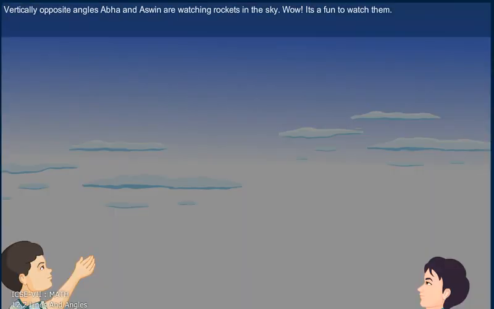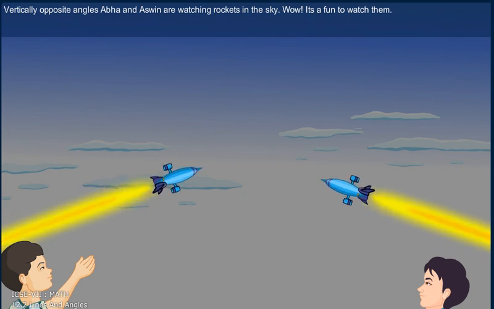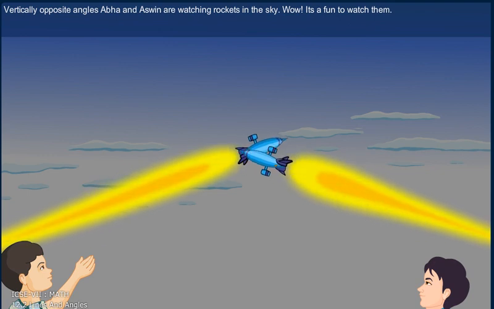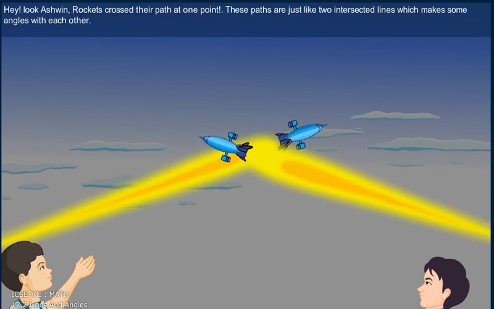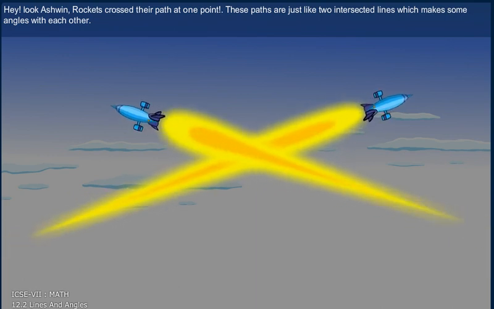Vertically opposite angles. Abha and Ashwin are watching rockets in the sky. Wow! It's so fun to watch them. Hey, look Ashwin, the rockets crossed their paths at one point.